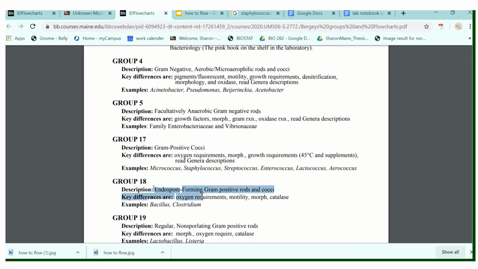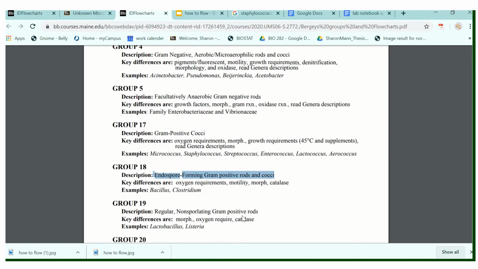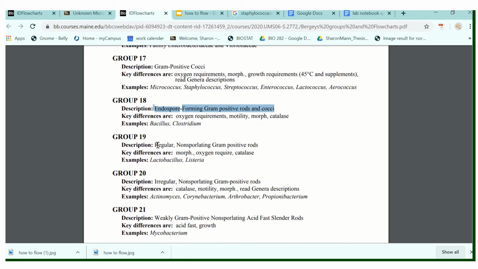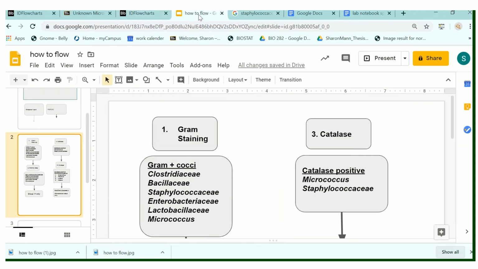And it looks like it can be group 18 as well, because that has rods and cocci that are gram positive. And then group 19 is out, and so is group 20, and 21 is also out. So that means I just have bacteria that are in the families listed here. So group 17 and group 18.